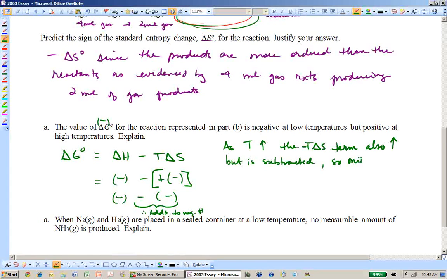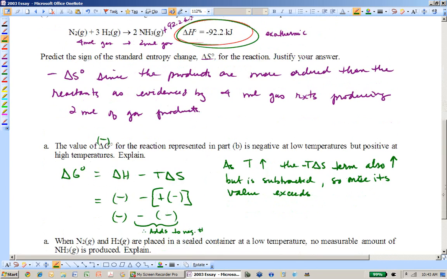So once its value exceeds negative 92.2 kilojoules, the value of delta G becomes positive.